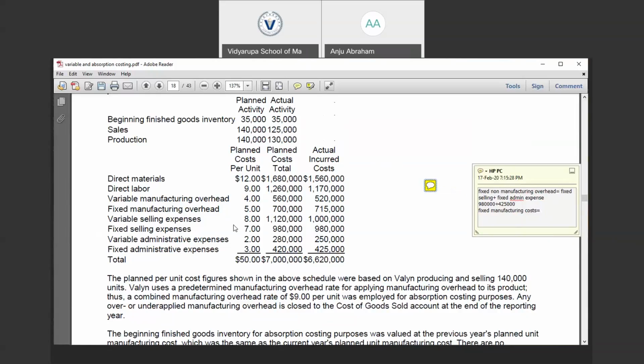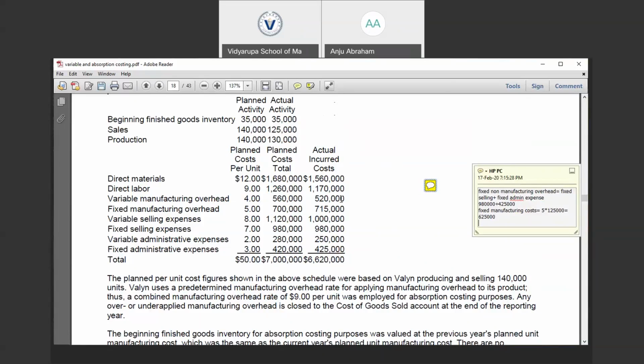Here we are provided with a standard rate of 5, and the number of units sold in this particular year, actual sales, is 125,000. So 5 into 125,000 equals 625,000. Right.